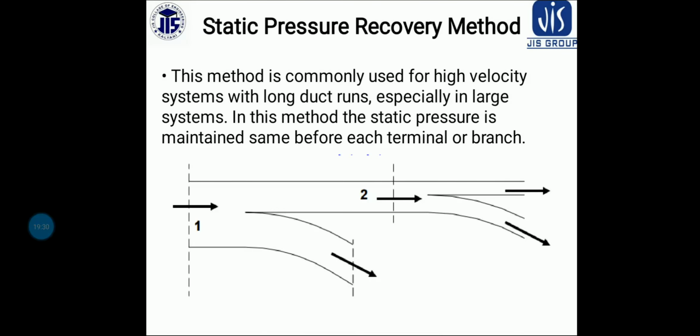So the mass flow rate is constant from section 1 to section 2. Since we assume a constant density, the density of air being 1.2 kg per meter cube, a1 c1 is equal to a2 c2.